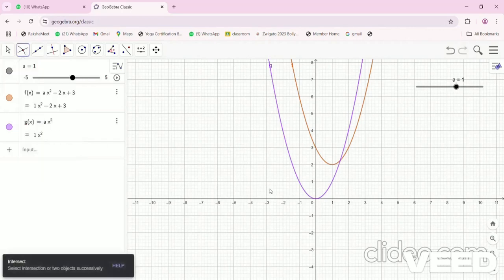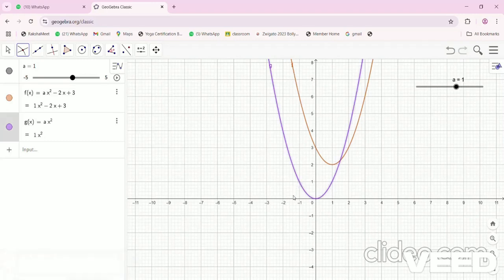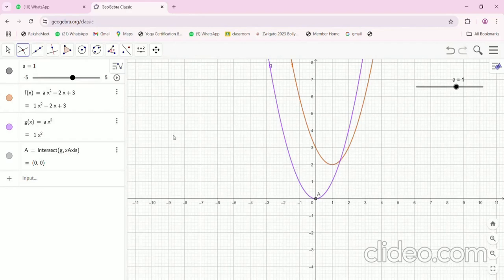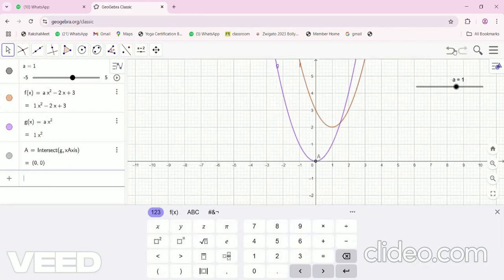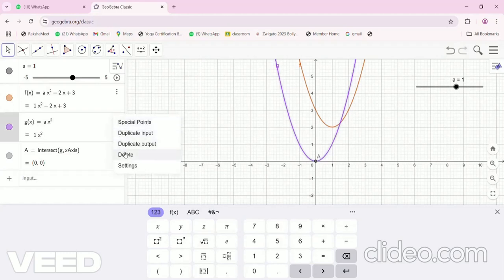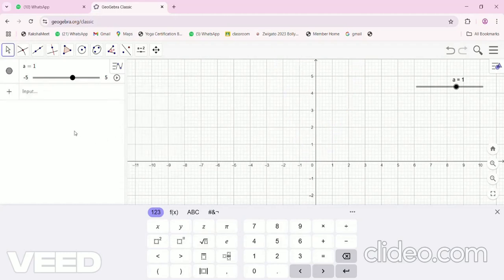So if I find it out by the intersect, you can get this zero of the polynomial. Now let us take the same example, but I will give just the equation as ax square plus 2.